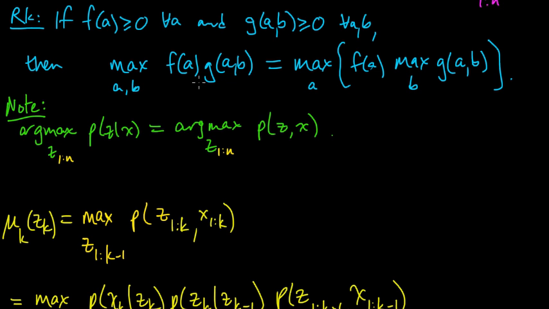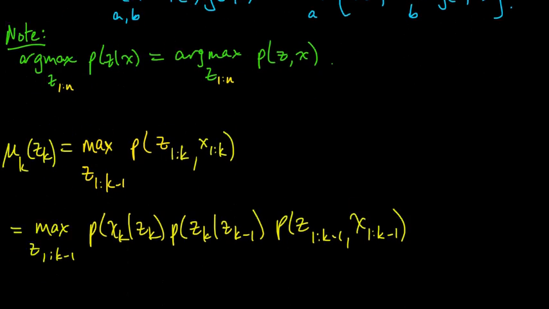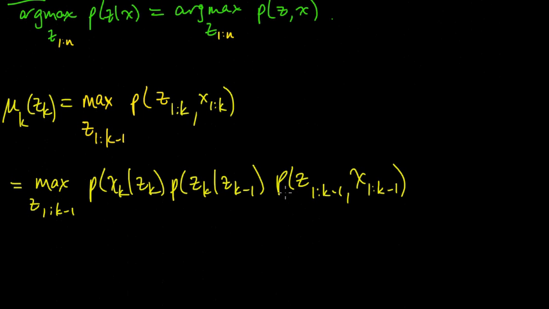We want to move a max over b in. What we'd like is a max over z from 1 to k minus 2 in here, so let's take b to be z from 1 to k minus 2. And our a is the other thing we're maximizing over, just zk minus 1. So a is on the outside, max over zk minus 1.